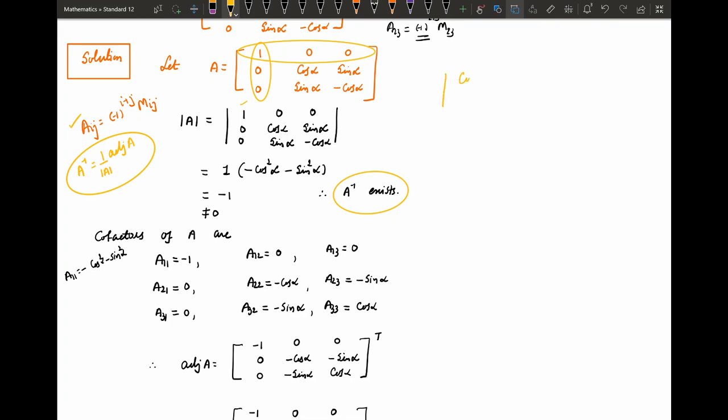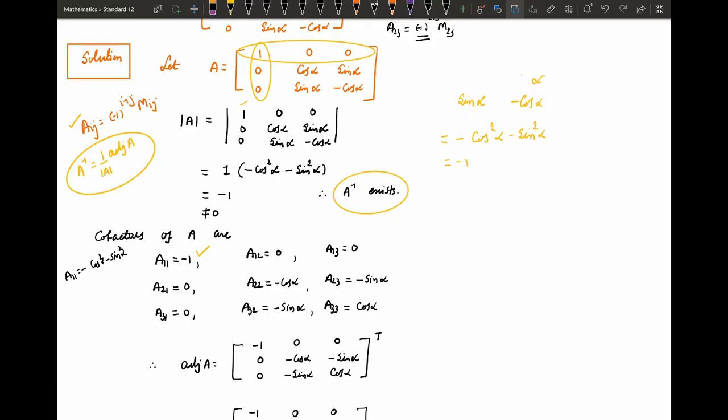The remaining entries will form a 2 by 2 determinant, cos alpha, sin alpha, sin alpha, minus cos alpha. So the value will be minus cos square alpha minus sin square alpha. So this is minus 1. So you can verify A11, the cofactor of 1, is minus 1.